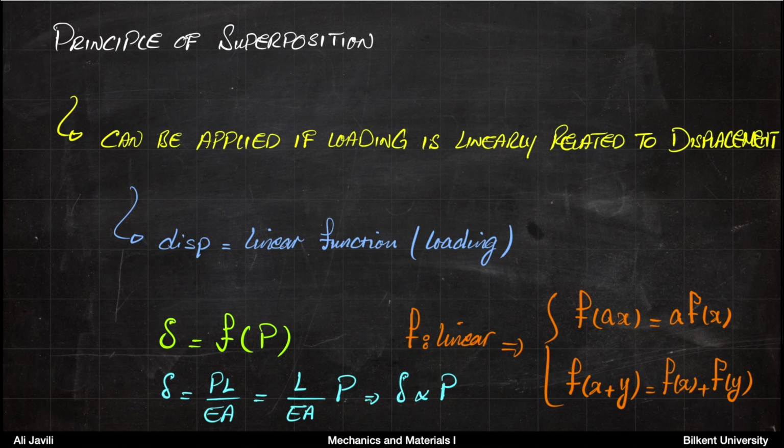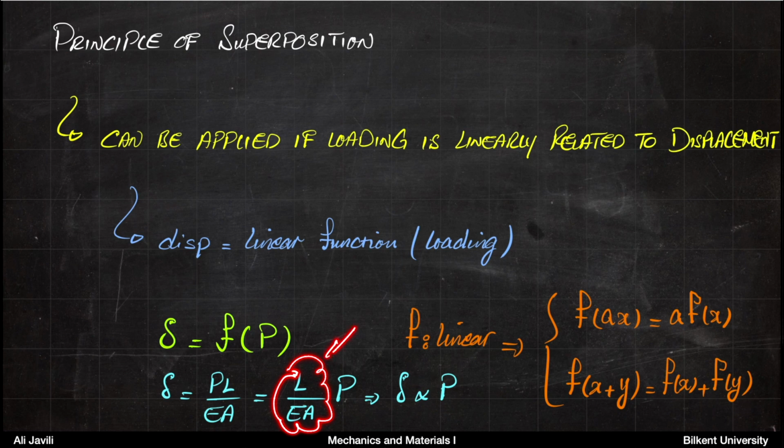So again, for our particular problem of axial loading, because we know that delta equals PL over EA, or if you write it as L divided by EA times P, now you can see that delta is proportional to P if L, E, and A are, let's say, constant.